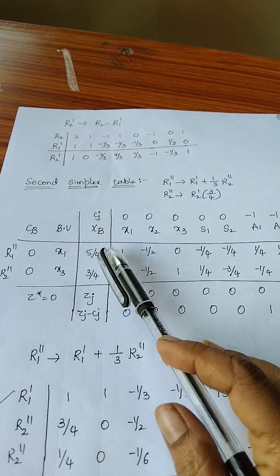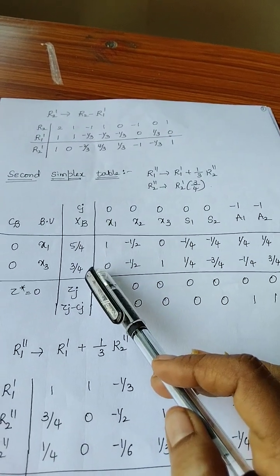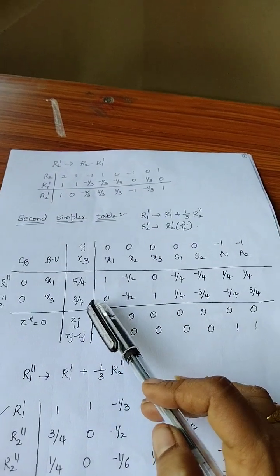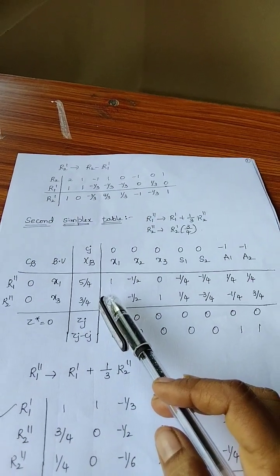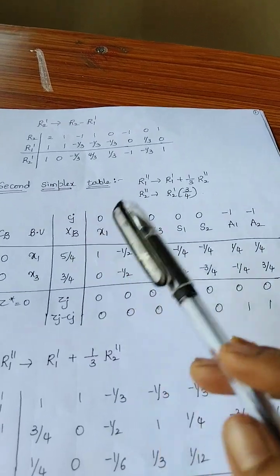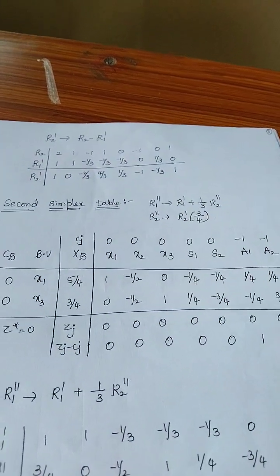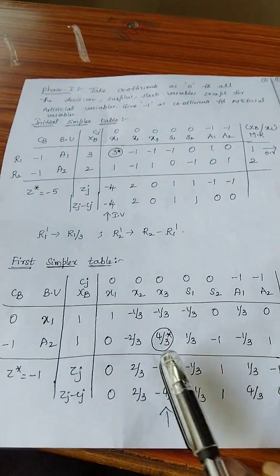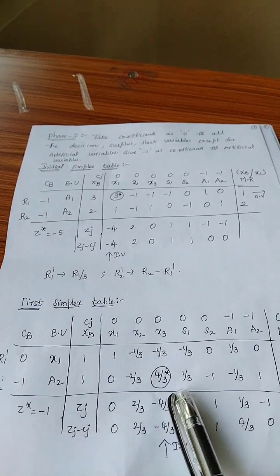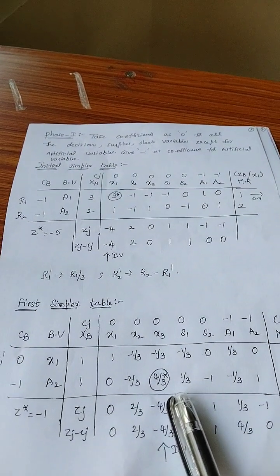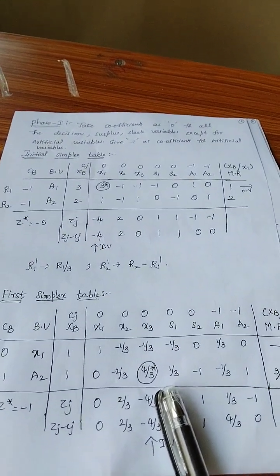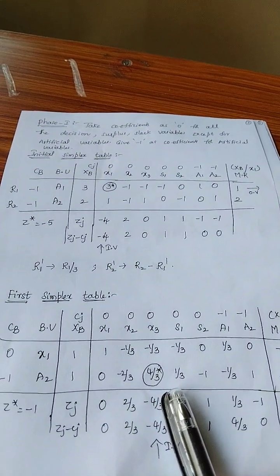Now these two rows we are going to get by using row operations. Here the star is the key element. In the place of the key element we have 4 by 3. If you multiply by 3 by 4, you make the key element 1.